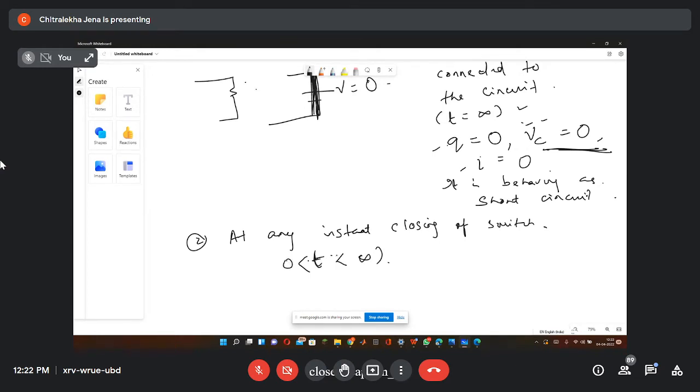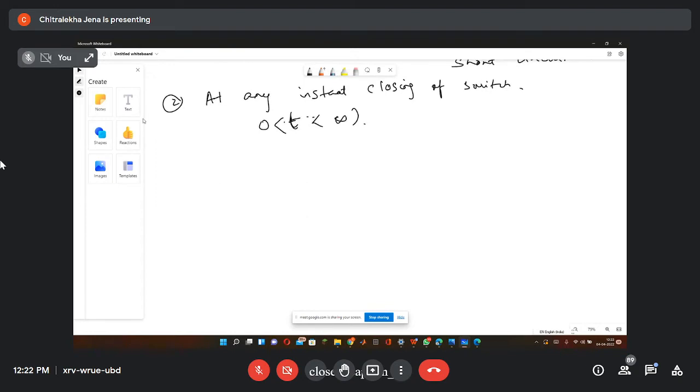This condition is called the transient condition, between t at 0 and t at infinite. So you tell me what will be the equation of the circuit at t between 0 and infinite? It is after closing of the switch, before a long time the switch has been closed. That we call the transient condition.